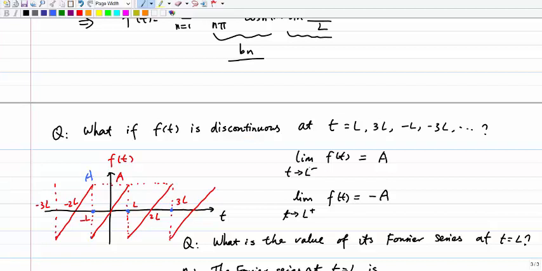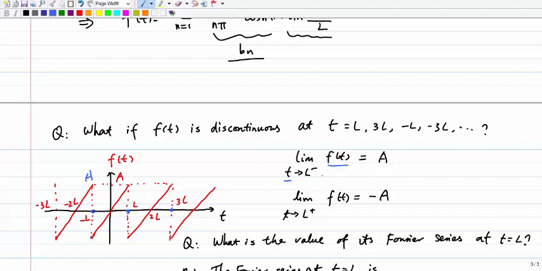Which means if you take the limit of f(t) as t goes to L from the negative side, you move from here. However, if you approach L from the right hand side, the limit is negative A, because I start from here and keep moving, my value will decrease until it reaches this point, which is negative A.